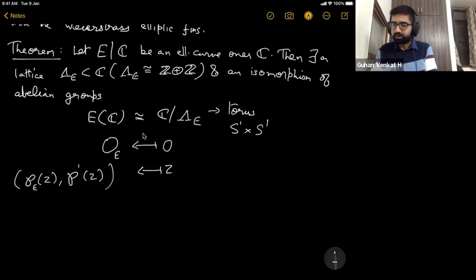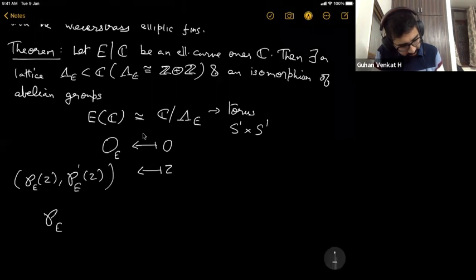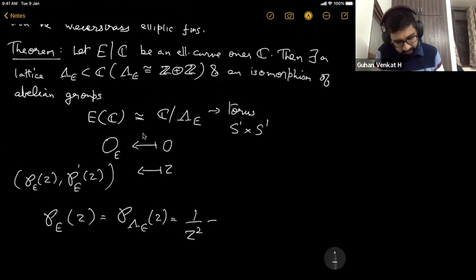The Weierstrass function is given as follows. So rho_E of z really depends on the lattice. It's given by 1 over z squared plus a summation over all non-zero points of this lattice.